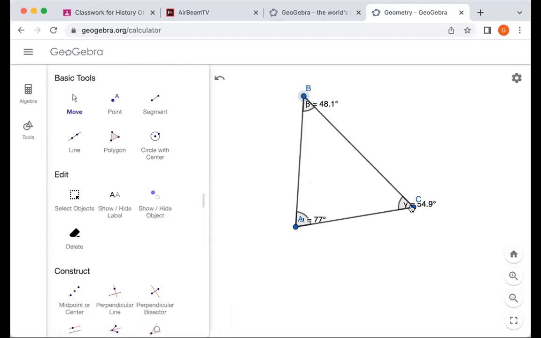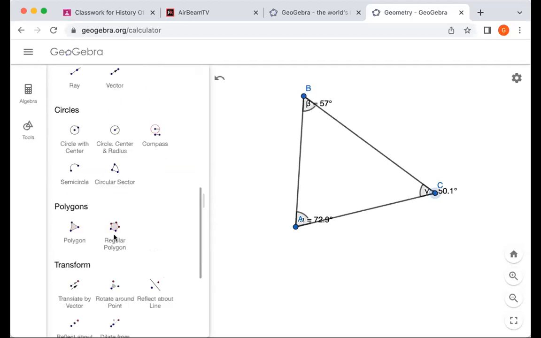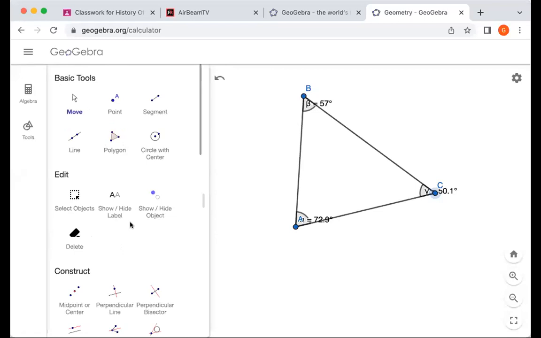And you can see as I change my vertices around, the angles change. So in this version, let's see, I'm not able to easily, maybe if I go like that, oh, there we go.